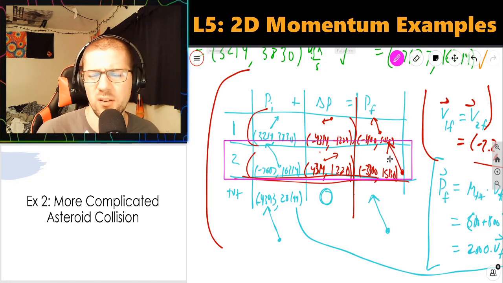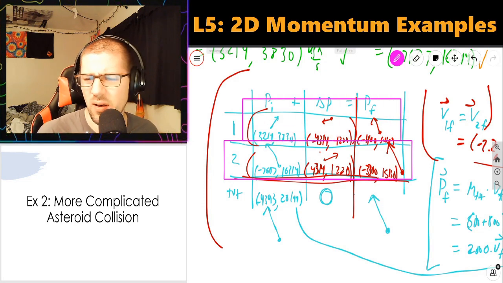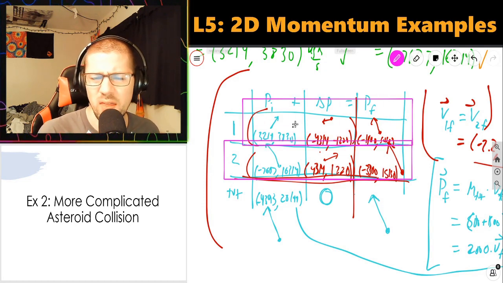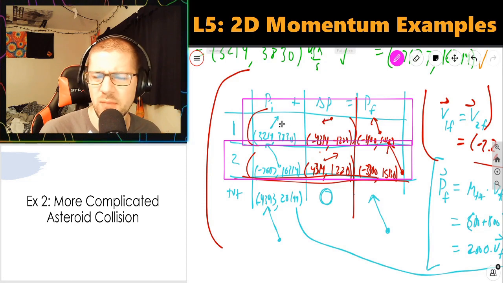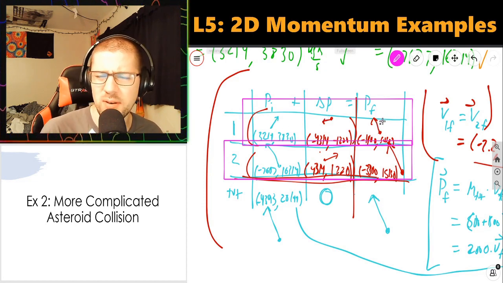And hopefully that's reflected in this red vector on the far right. Similarly, in the upper row here, this initial vector plus this change in momentum give me a vector that's still pointing up, but less up and slightly to the left.